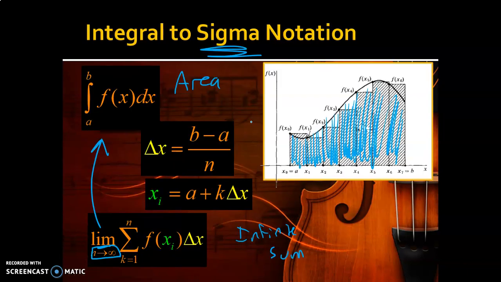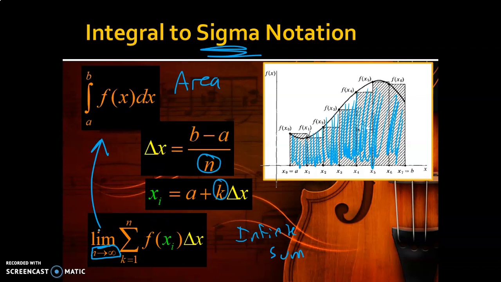The main thing is, if you want to use sigma notation, you have to convert into this notation. Use a and b to convert into delta x. a and b will be numbers, n is just going to stay there. And then x sub i is always just going to be a plus k times your answer here. n and k will be in your final answer.